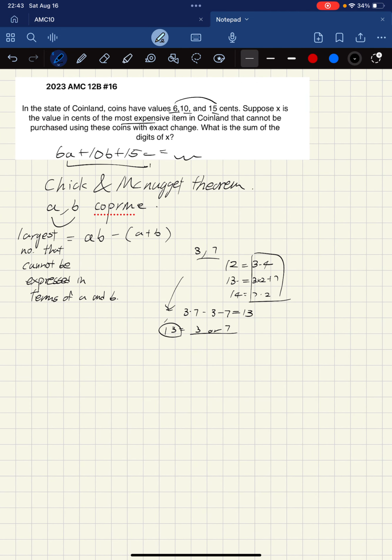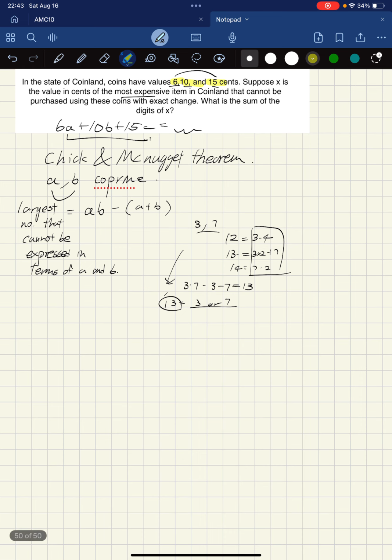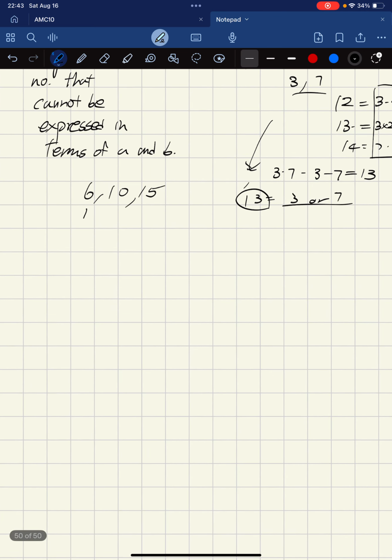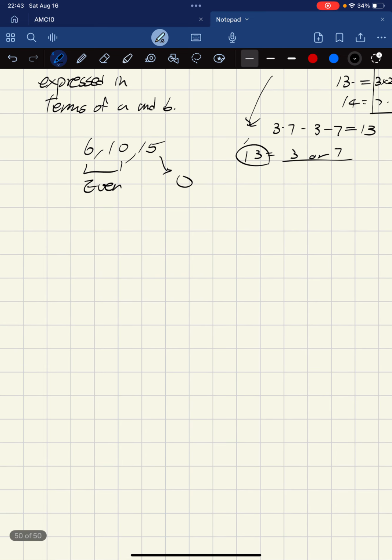But in this case, note that we have 6, 10, 15. So firstly, we got three numbers, right? But note that 6 and 10 are even numbers and 15 is odd. So let's say you only have 6 and 10.